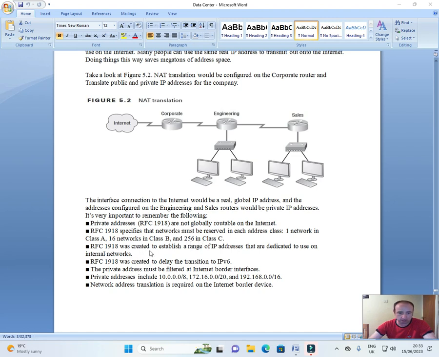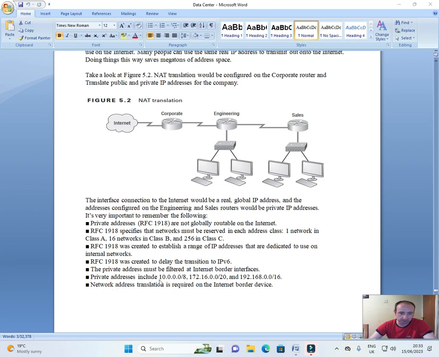RFC 1918 was created to establish a range of IP addresses that are dedicated to use on internal networks. RFC 1918 was created to delay the transition to IPv6. The IP address must be filtered at the internet border interface.